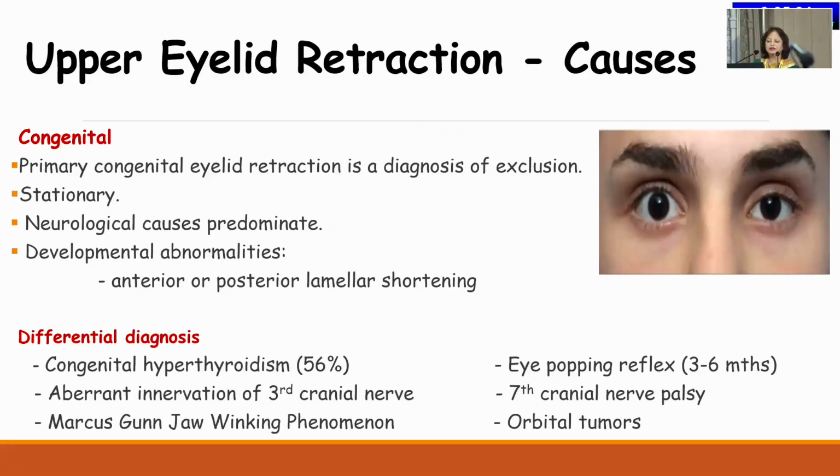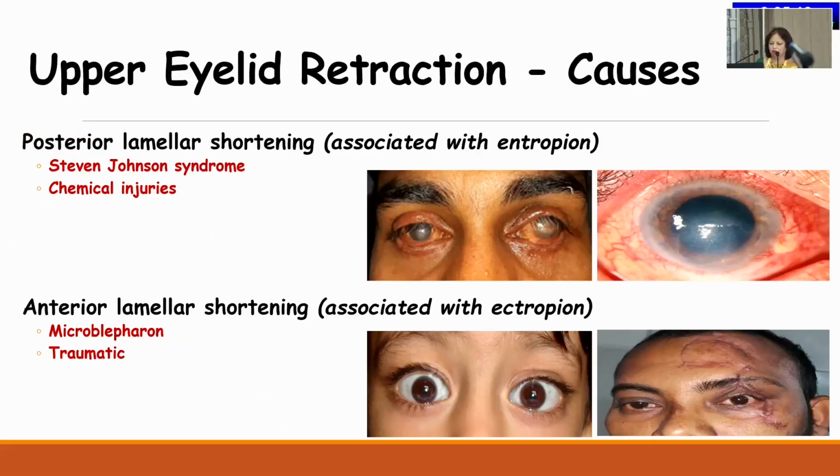Then there can be congenital causes. Generally, in this kind, it is stationary; it neither increases nor decreases. Neurological causes may be there, and developmental abnormalities, and we need to differentiate it from various other causes of aberrant innervation of the third cranial nerve, like Marcus Gunn jaw winking commonly, or facial nerve palsy also.